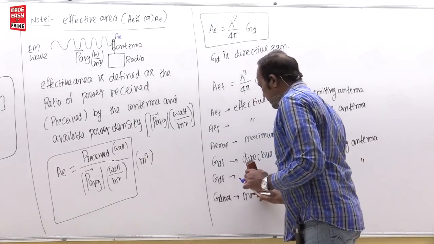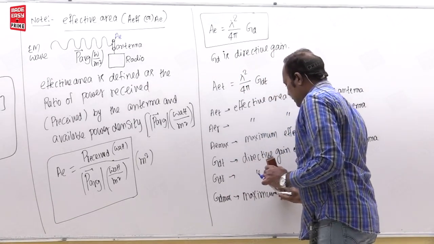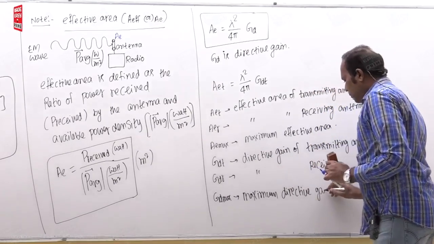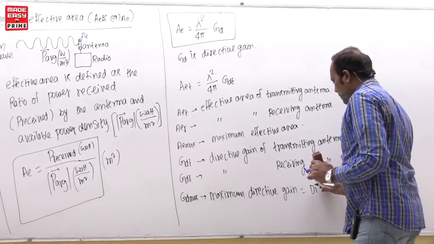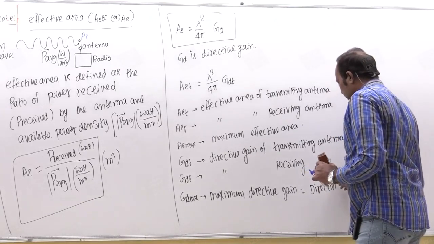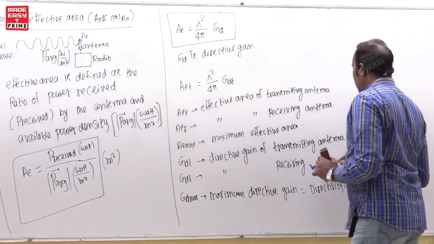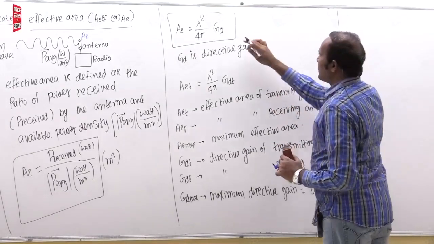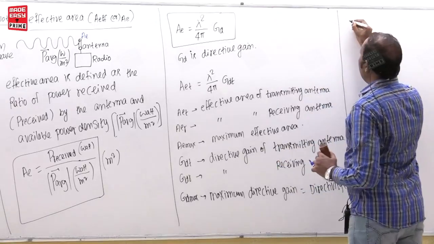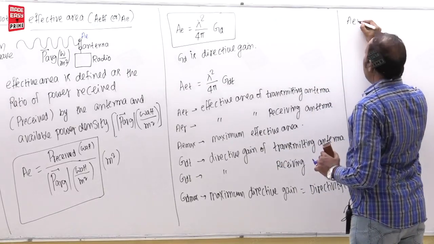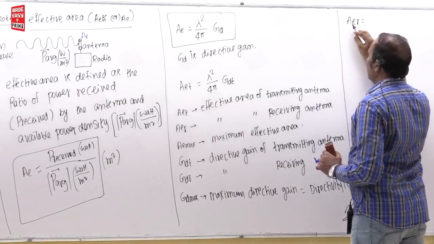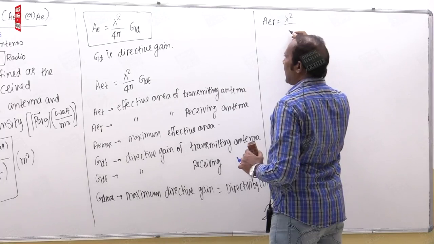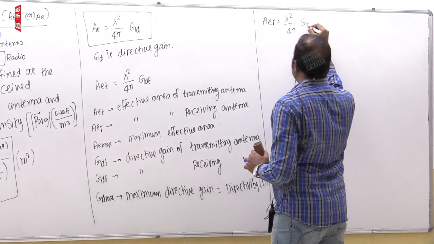GD max is the maximum directive gain, that is also called directivity D. Now, for example, in this formula, if you put AER, the effective area of the receiving antenna, then you have to put lambda square by 4 pi, then GDR.